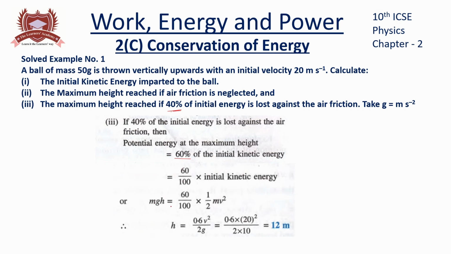We do the same thing that we did in the previous case, however multiplied by the factor of 60 upon 100, giving the final answer as 12 meters as the height. So you see, if there is no air resistance or air friction, then the ball can go to a higher level.